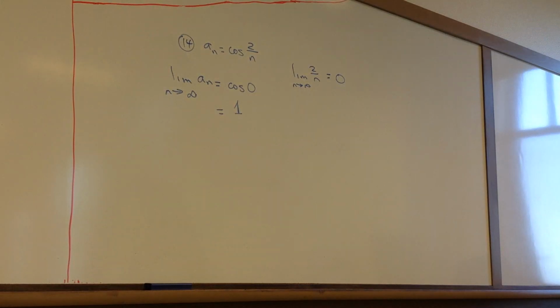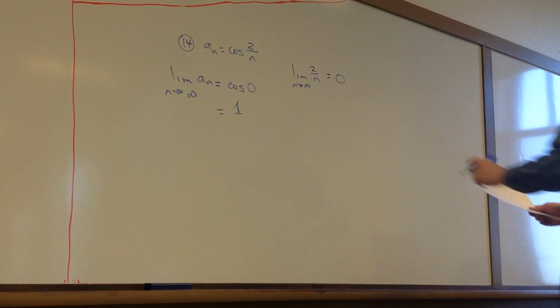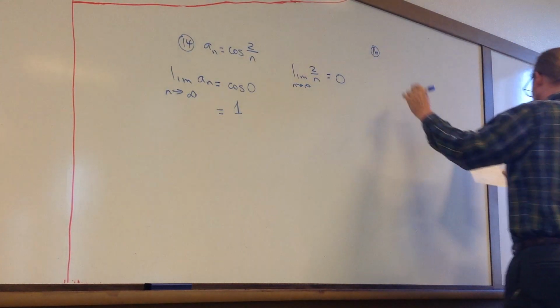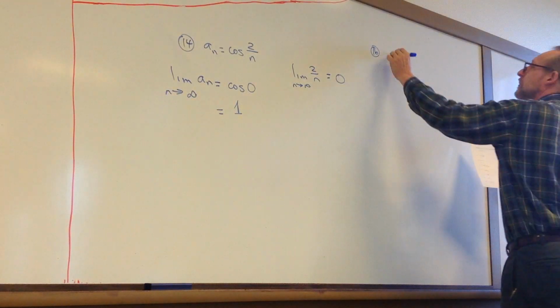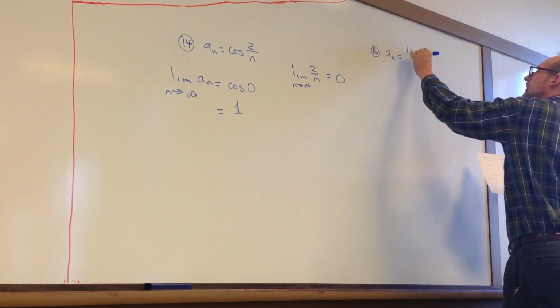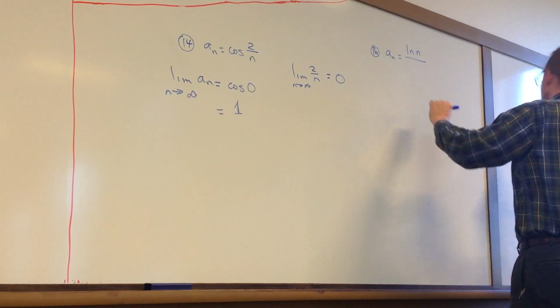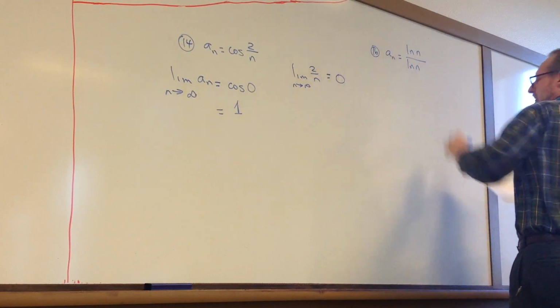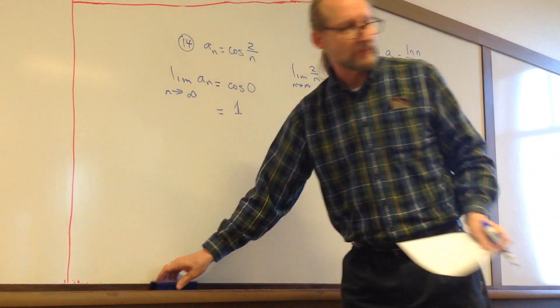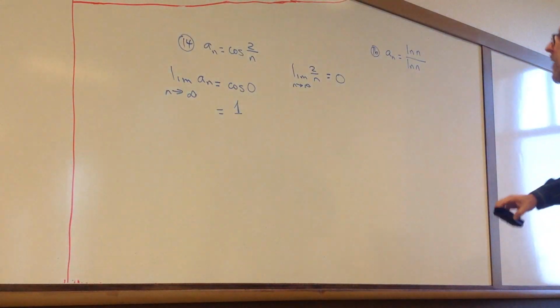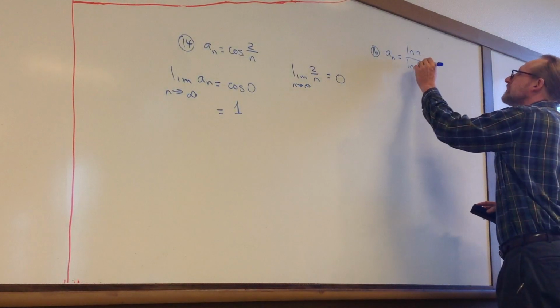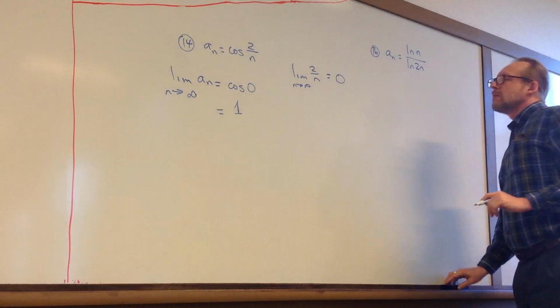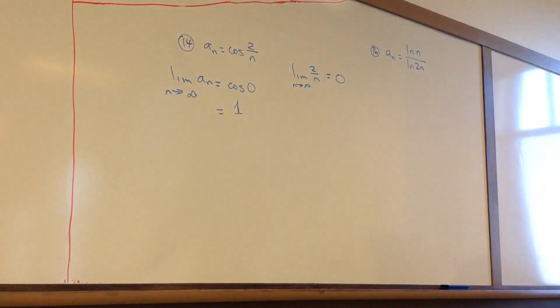All right, let's see. Problem 16. What do we have? A sub n is ln of n over ln of 2n. So what's going to happen here?